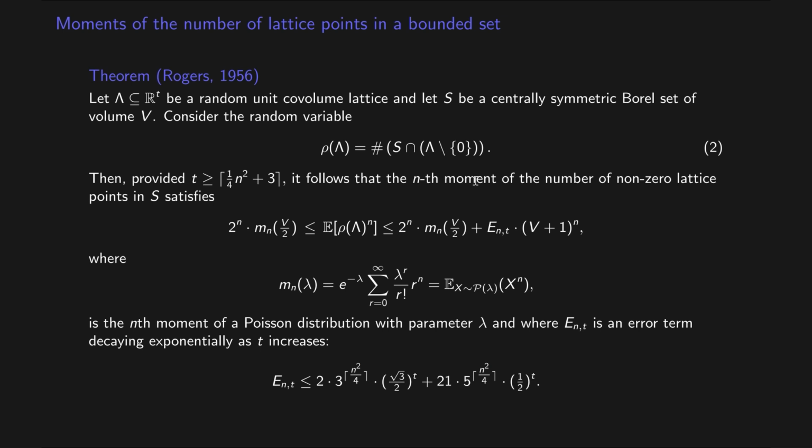How does Rogers do it? He does it by computing the moments of this random variable. If we are in dimension t, he is able to compute, roughly speaking, square root of t moments, and show that these moments are close to the moments of the Poisson distribution with some small error.